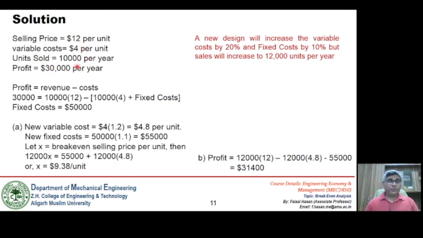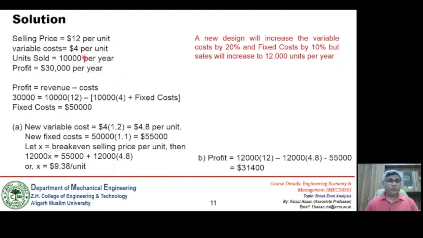If we apply the fundamental, profit is nothing but revenue minus cost. Since profit is given, let us replace these with numerical values. Profit is given as 30,000. Now the total revenue generated: how can we compute this?